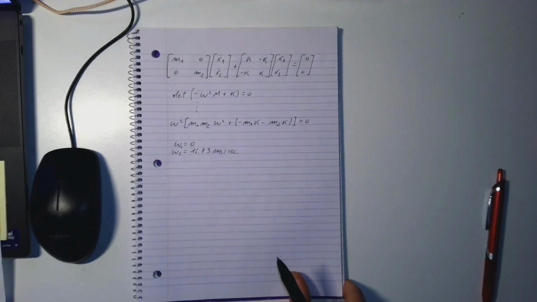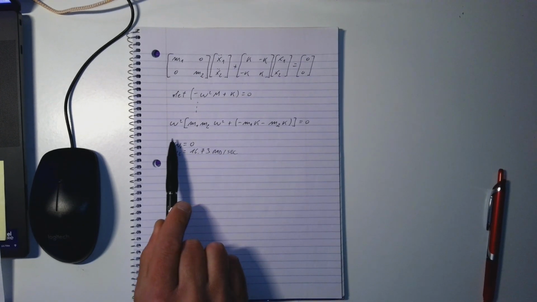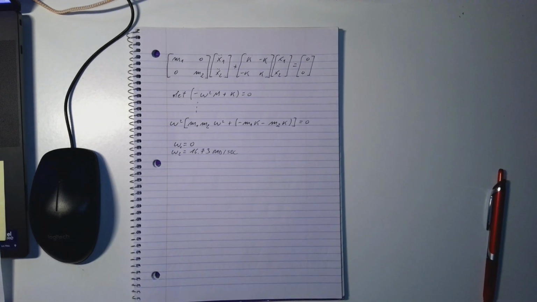So please keep in mind that when we look at the natural frequencies of a multiple degree of freedom system, the motion of each mass in this case, or in general the motion of each degree of freedom, is a combination that comes from the two frequencies.